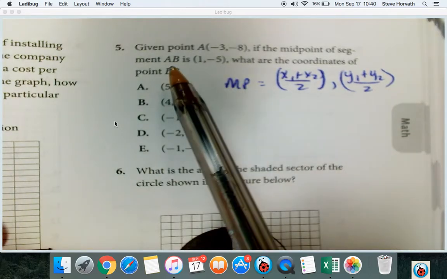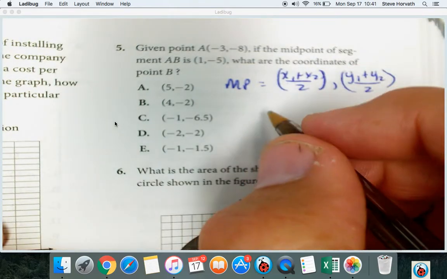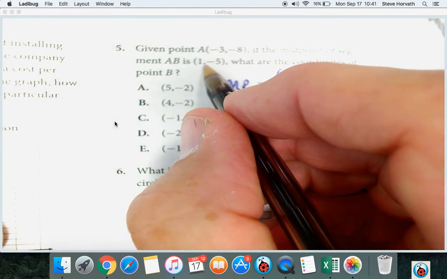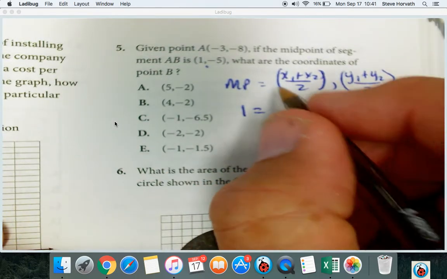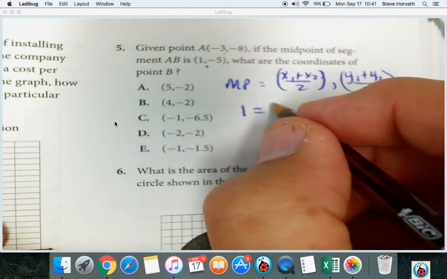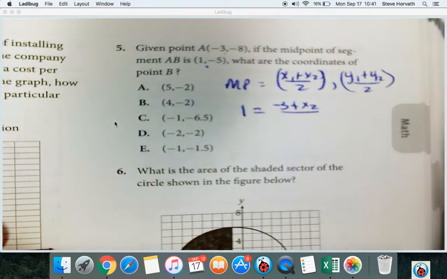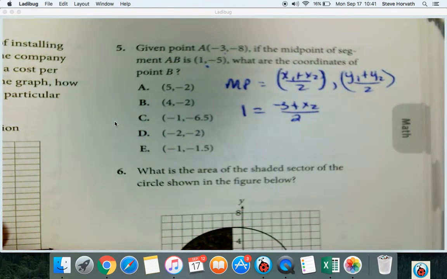Now, in this case, we have the midpoint and one endpoint. So we know that the x-coordinate of the midpoint is 1. That means 1 has to equal x1, which is my -3, plus my x2, which we don't know because we need the other endpoint, over 2.